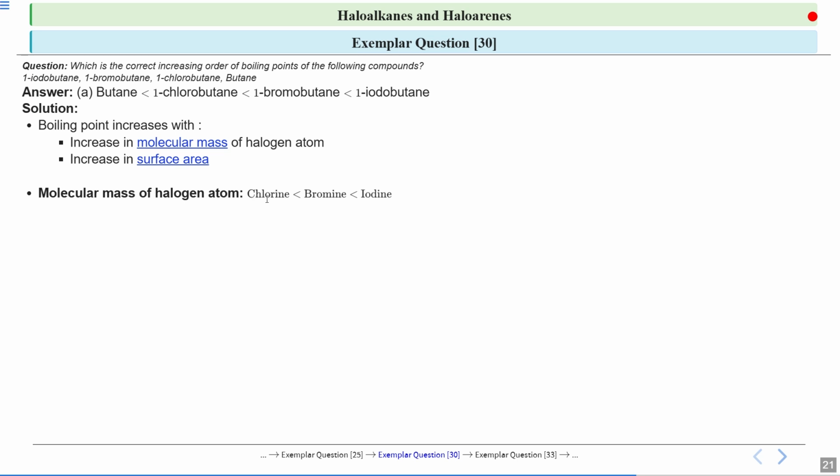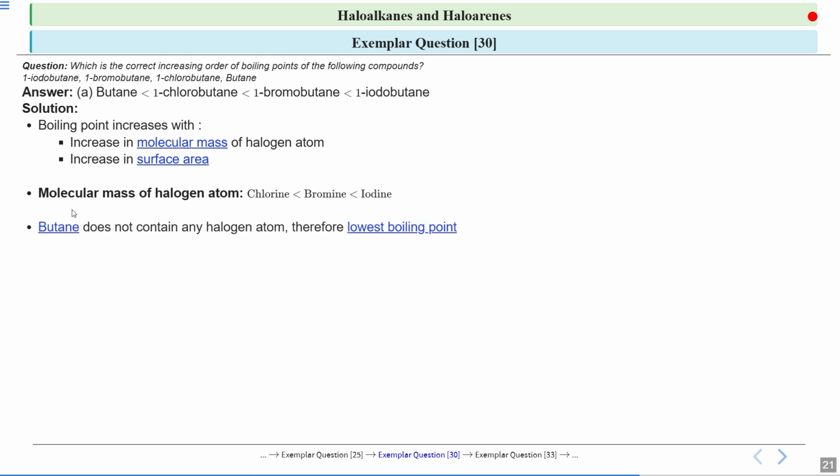We are only considering chlorine, bromine, and iodine because only these halogens are present in our given compounds: iodobutane, bromobutane, and chlorobutane, right? So highest is for iodine and least is for chlorine.